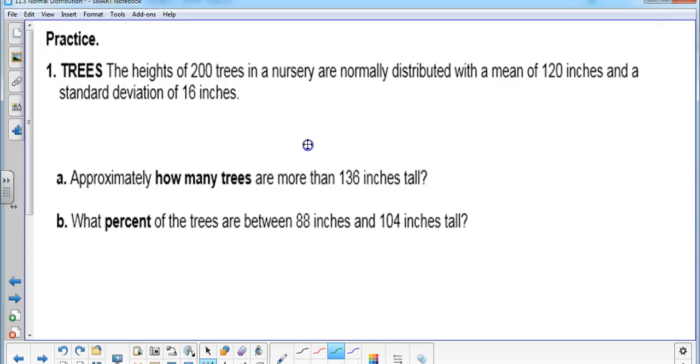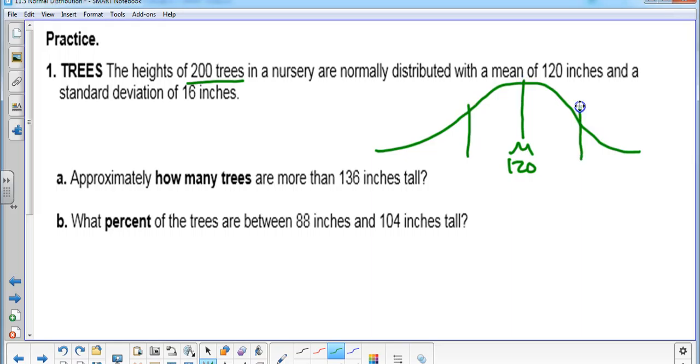Next question has trees. 200 trees were surveyed. They asked them their height. All right, they measured the trees and got a mean of 120 and a standard deviation of 16. So 136 would be the next standard deviation up, right? How many are more than that, though? This is 50% down on this half, right, guys?